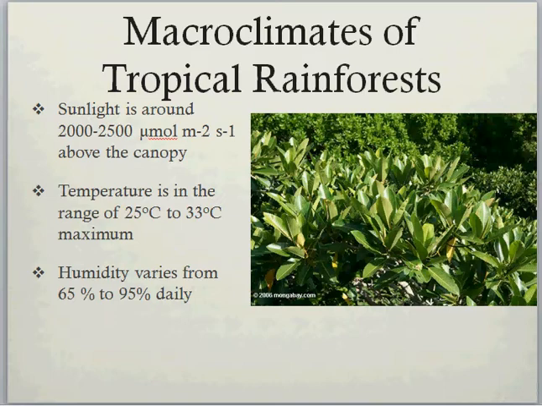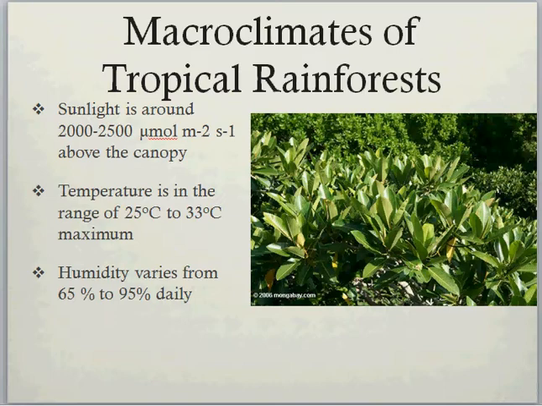Temperature at the top of the canopy is between the range of 25 degrees Celsius to 33 degrees Celsius maximum, average maximum. It drops down to about 18 degrees Celsius at night on average. Humidity at the top of the canopy varies from about 95 to 100% at night, down to about 65% regularly during the day. So it's quite a wide variation in humidity.